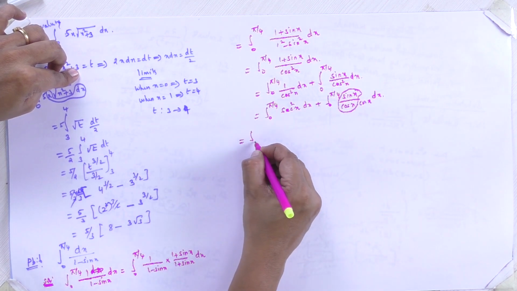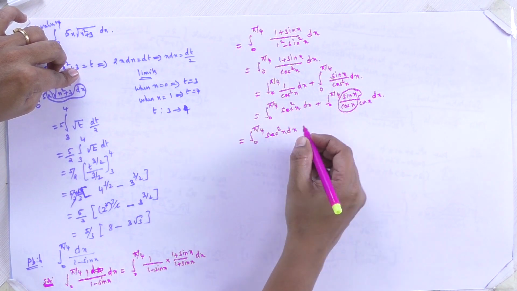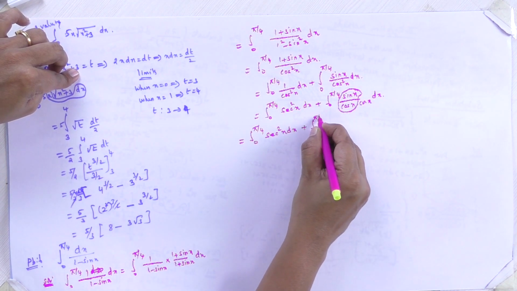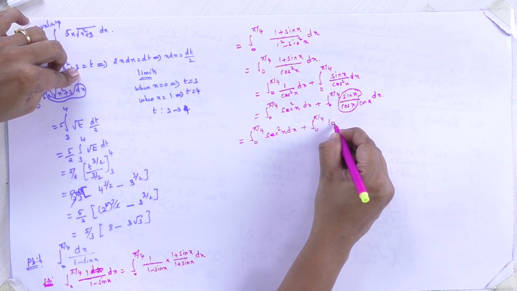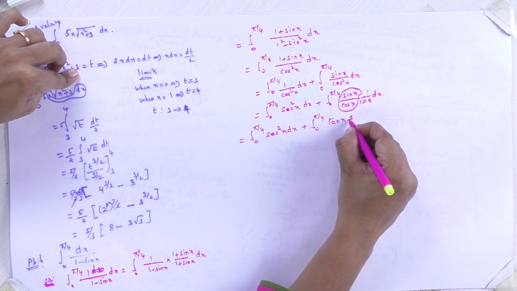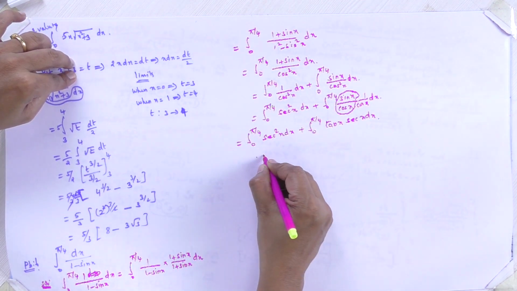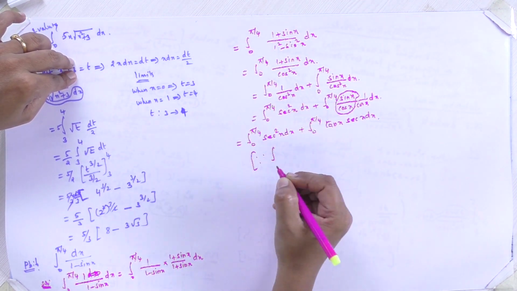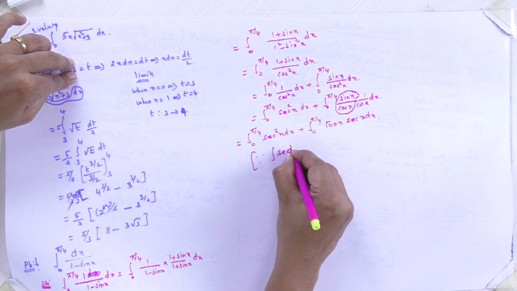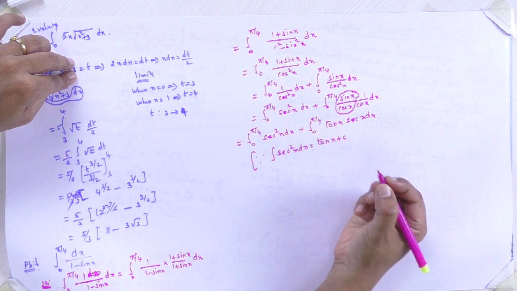So this is equal to integral 0 to pi by 4 secant square x into dx plus integral 0 to pi by 4 sin by cos becomes tan x. Then we get 1 by cos, that 1 by cos is equal to secant x into dx. Since we have a formula, integral secant square x into dx is equal to tan x plus c.